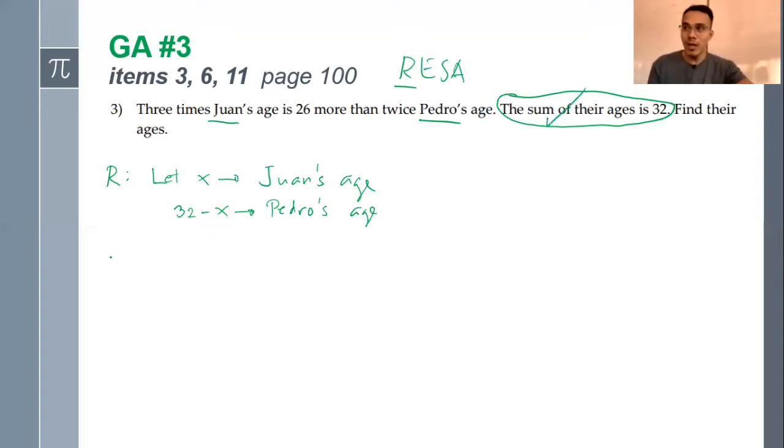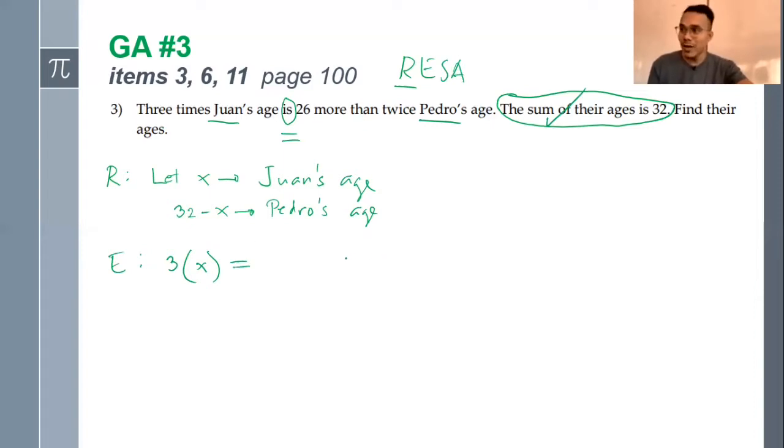Now for our equation, we're going to use the first sentence or statement. Wala nang iba dyan kasi the other statement is about finding their ages. It says here 3 times Juan's age. 3 times Juan's age is 3X. All right? Is means equals. Equals 26 more than.